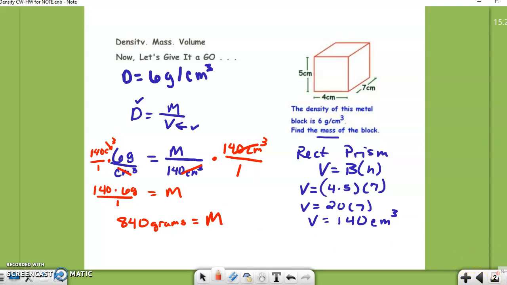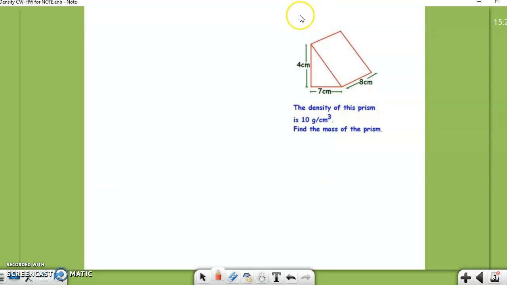All right, let's look at another one. This time I have a triangular prism. If you recall, anytime you have a prism, the volume is going to be the area of the base times the height. So I have to think about, okay, the base in this case is a triangle. The faces are all rectangles. So let me calculate my volume first.